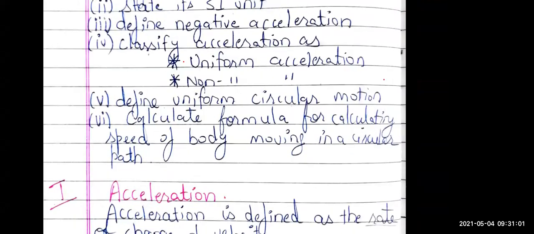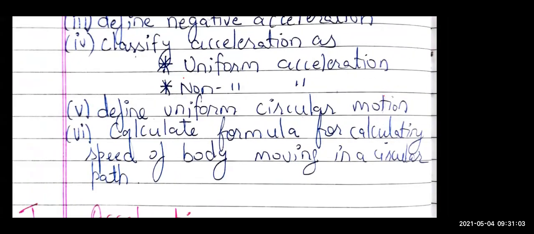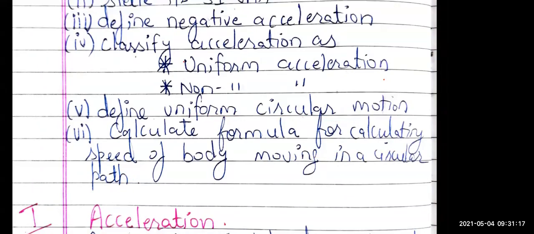We will learn the definition for uniform circular motion. We will calculate the numerical based on the uniform circular motion, that is calculating the speed. Okay, so let's start with uniform circular motion.